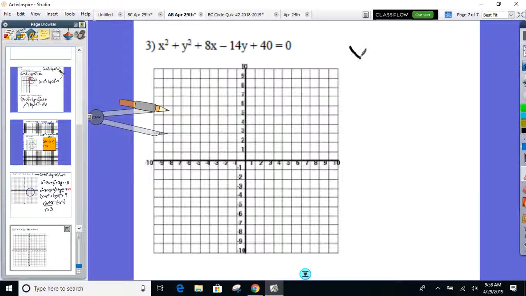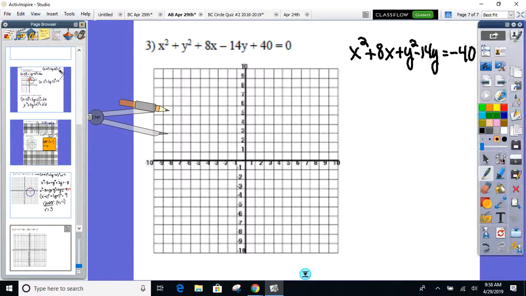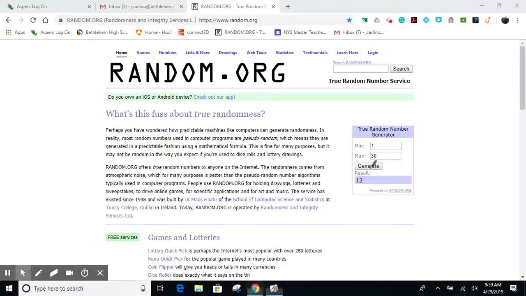Let's pair the x's and y's together. Okay, on the x's and the y's, complete the square.